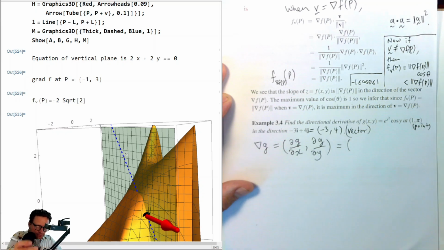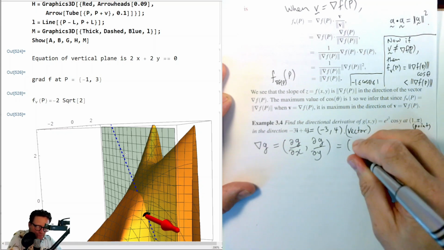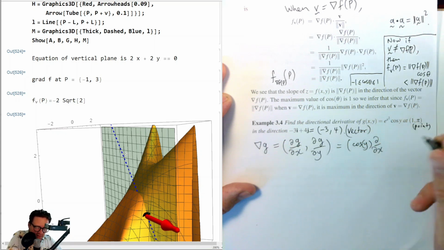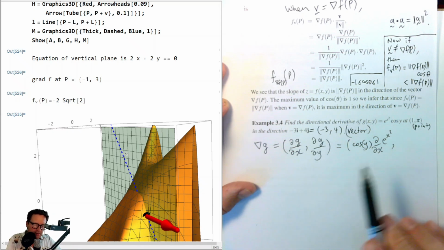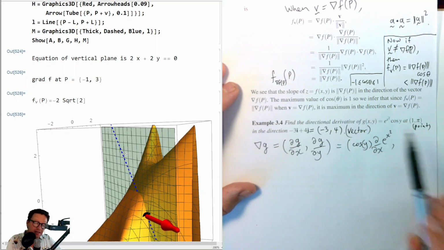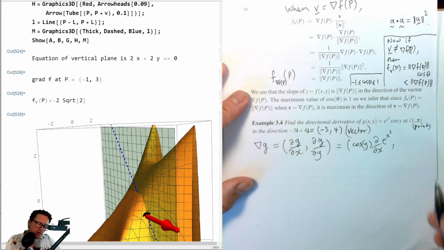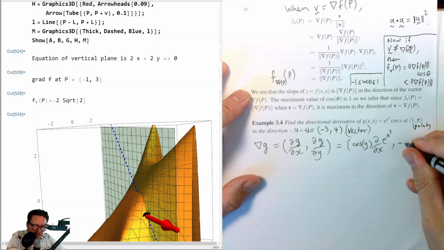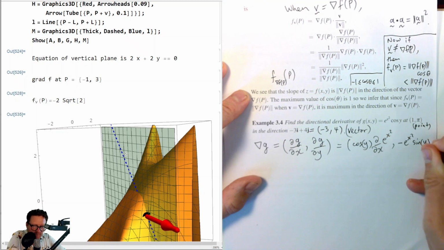So we've got cos y times the partial derivative with respect to x of e to the x squared. Then taking the partial derivative with respect to y, we treat x as a constant, so we pull that out the front of our differential operator and differentiate cos y with respect to y. So we get minus e to the x squared sine of y for that.